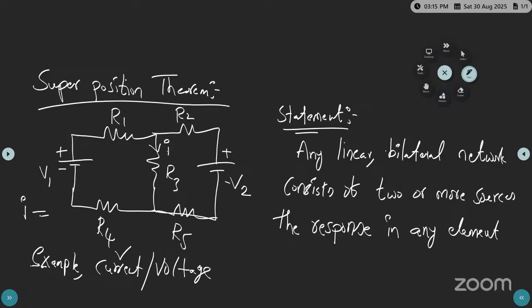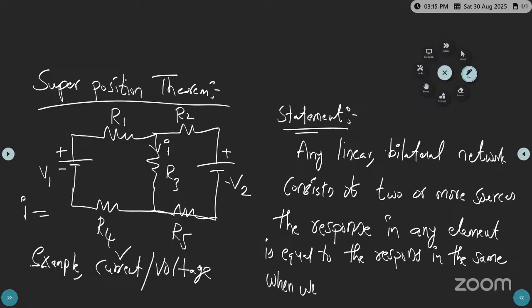The response in any element, here the current in R3, is equal to the response in the same element when we consider an individual source.